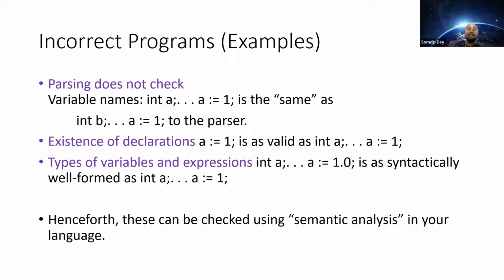And that is actually checked by the semantic analysis phase. So we can say that these types of issues can be checked using semantic analysis, and that's why we need to learn this as part of the languages and compilers module.